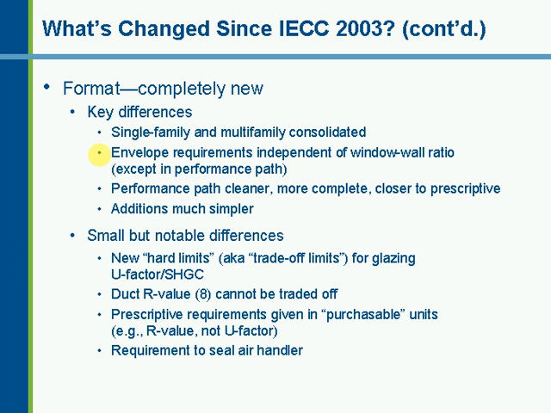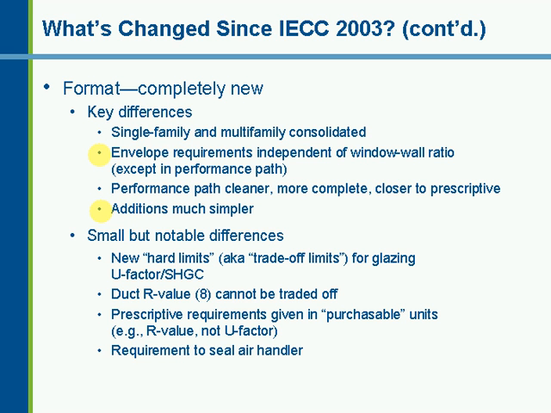Many of the ambiguities and uncertainties of the old performance path have been corrected. And finally, I believe it's important to note that complying additions, new portions of a house, is much easier and simpler now than it was in the past. That also owes to the decoupling of the envelope requirements from the window-wall ratio.